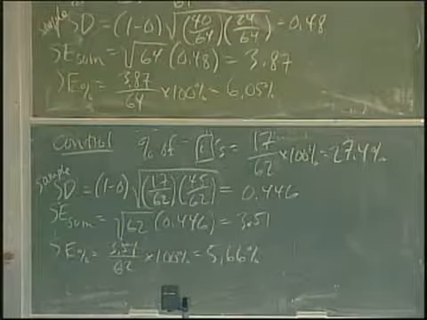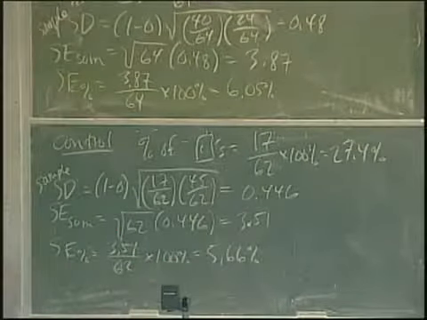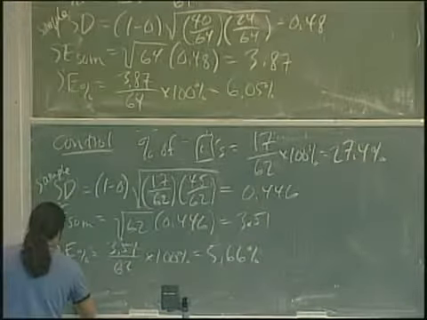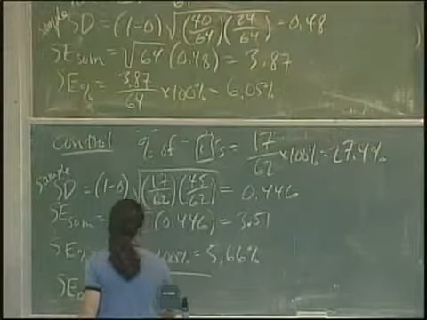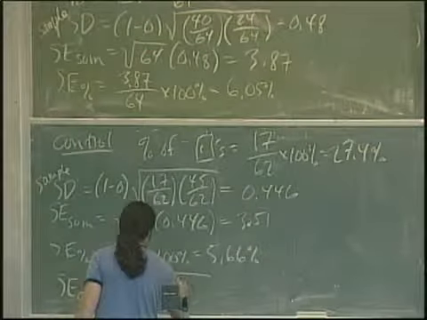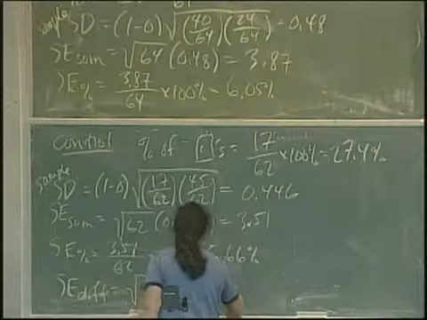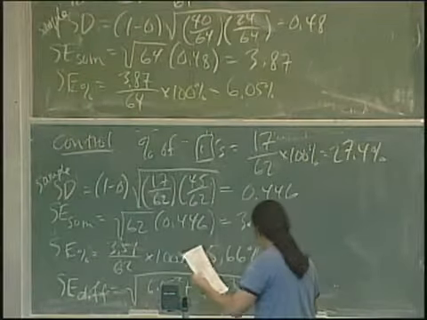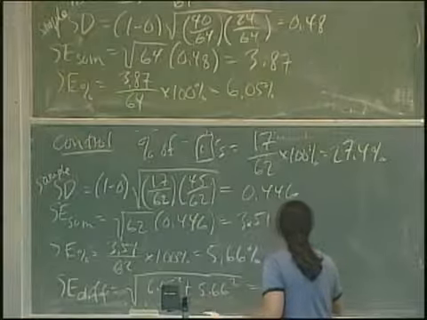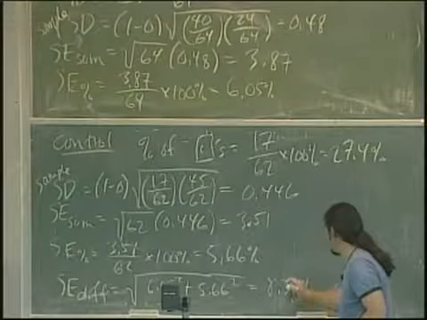So overall, the SE for the difference between those two things is square root of 6.05 squared plus 5.66 squared, which comes out to be 8.34. Okay, and that's in percentage terms, the SE difference.